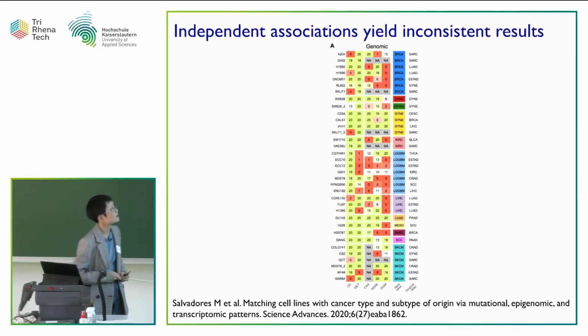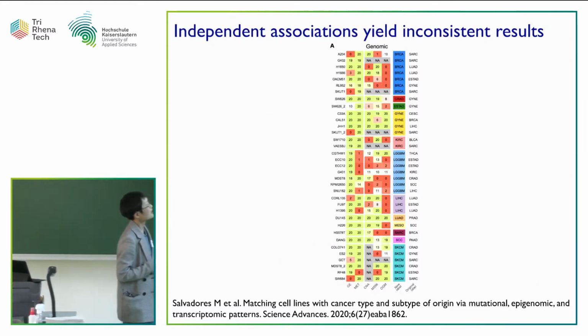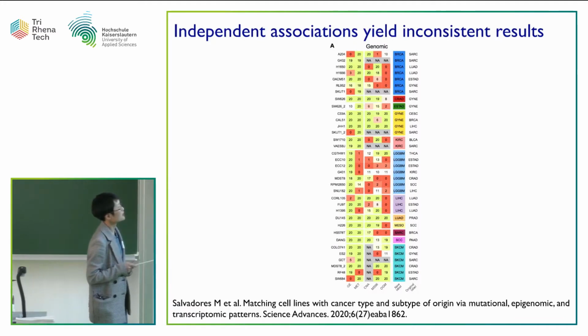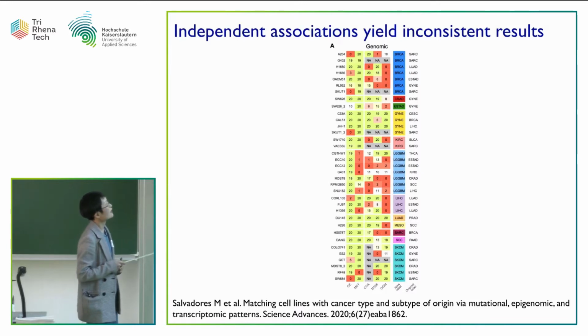Shown in this heat map, the rows are cell lines mapped to the bulk tumors, and the columns are different data types, and the color or the number encodes the confidence that a cell line maps to a tumor. We do not need to care about how they get the score, but we only need to remember that 20 means the high confidence, and 0 means the lowest confidence.